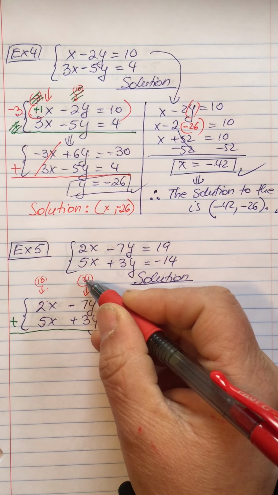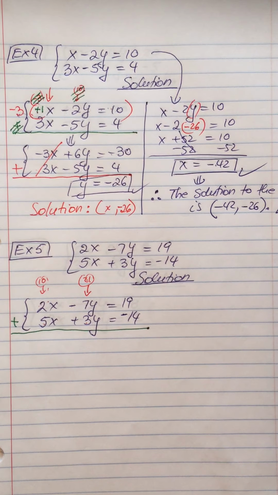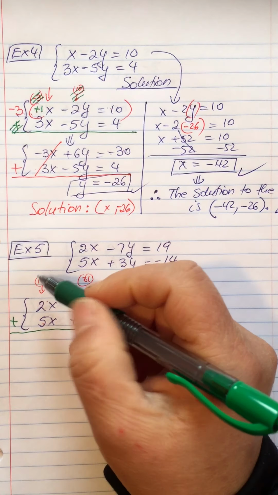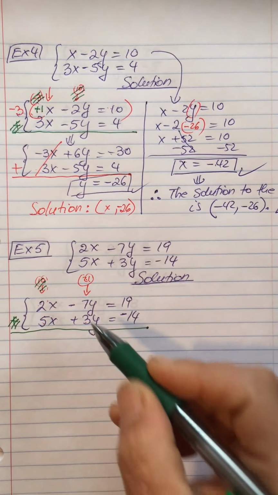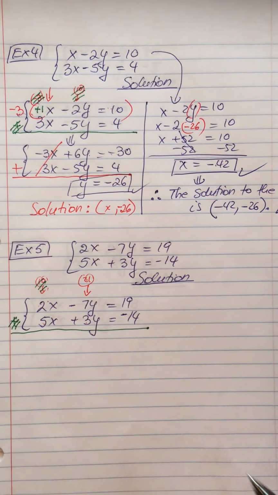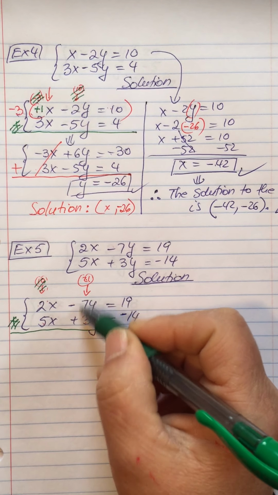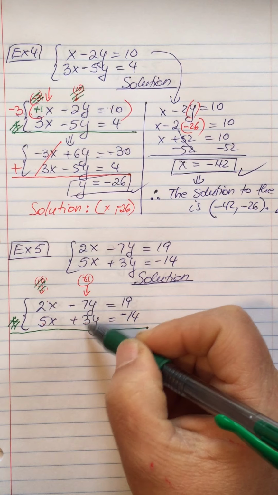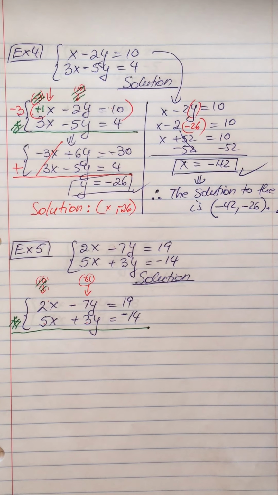Multiplying 7 by 3 gives me 21. Multiplying 3 by 7 gives me 21. So forget about manipulating the coefficient of x, forget about the addition. Let's make the coefficients of y both 21 in absolute value.